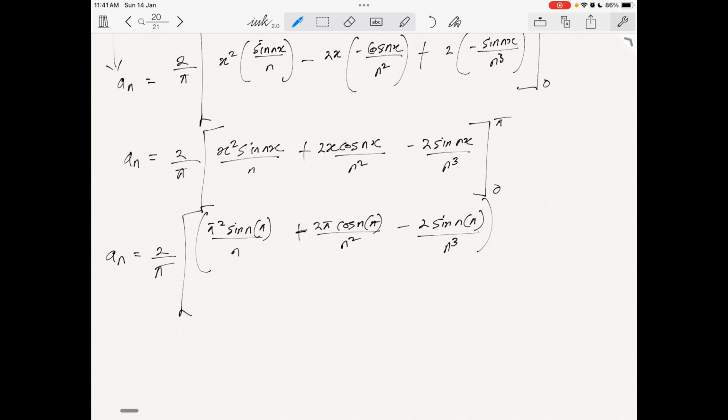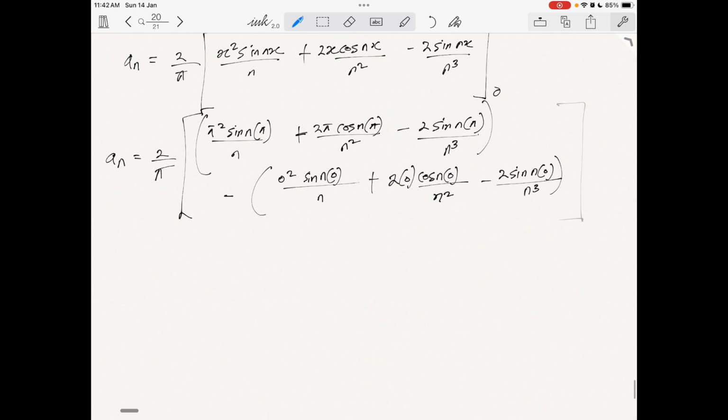And moving on to the lower limit of 0, we have minus 0 squared sine n of 0 over n plus 2 of 0 multiplied by cos n of 0 over n squared minus 2 sine n of 0 over n cubed. Now the question begins: what can cancel out and what will remain?